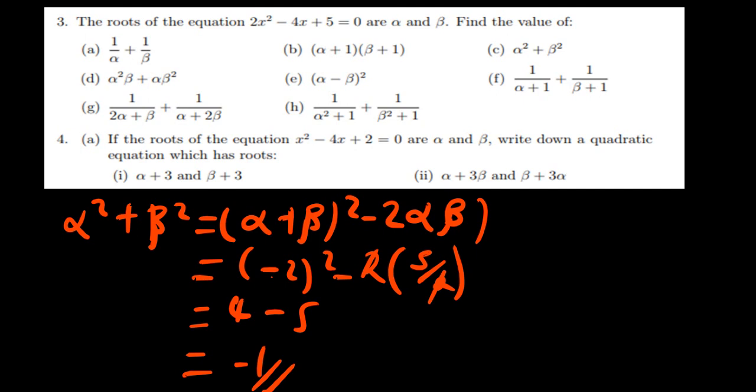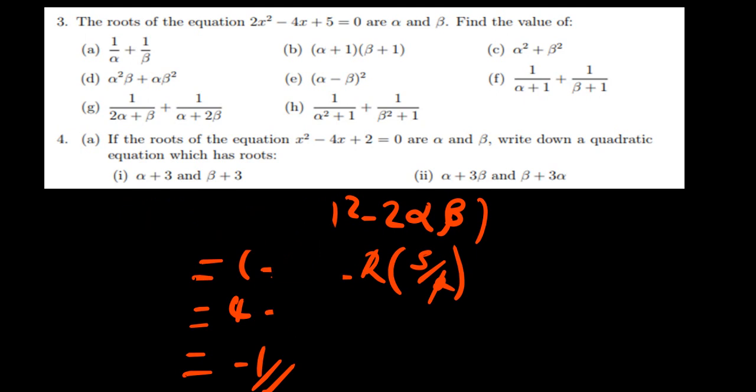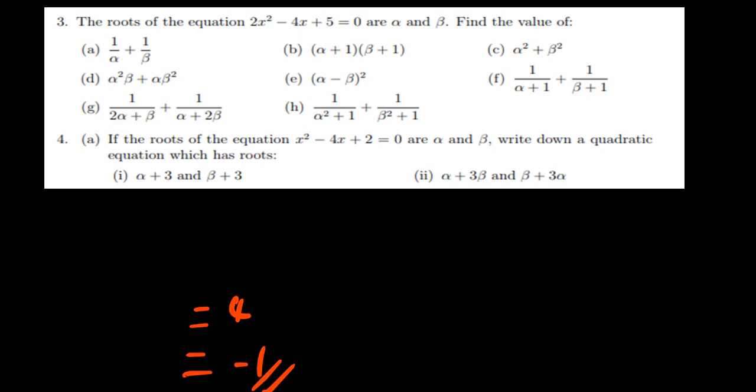So here, what I want you to know is the identities. The identities will solve you a lot, because they'll ask you to even find equations. If the roots of that, write down an equation. So let me just write something very vital here.